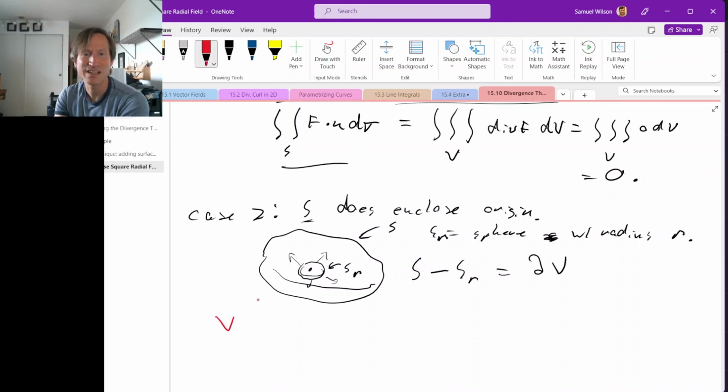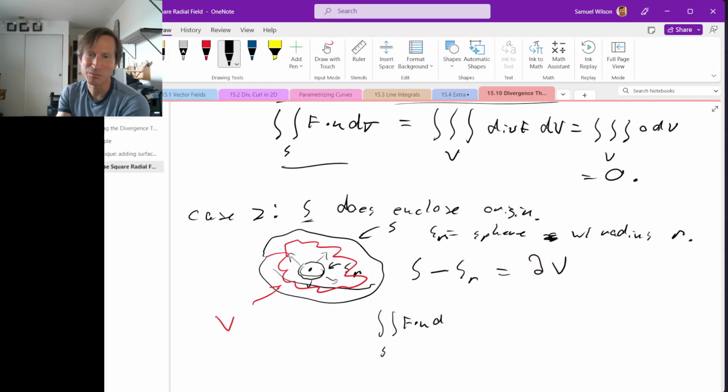So V is the volume in between our surface S and the sphere S sub r. Okay, so the integral over S of f dot n d sigma minus the integral over S sub r of f dot n d sigma.